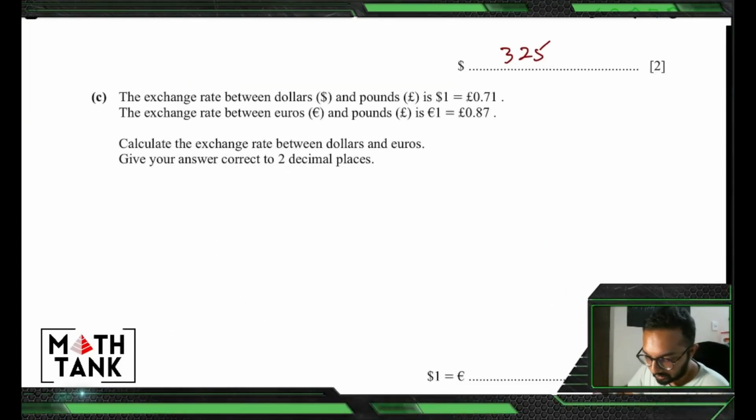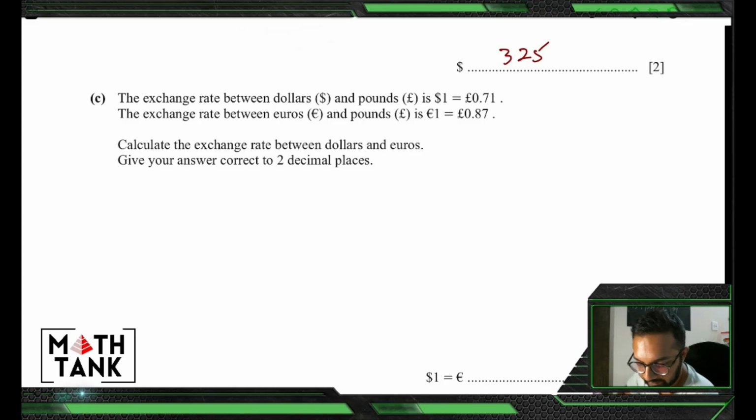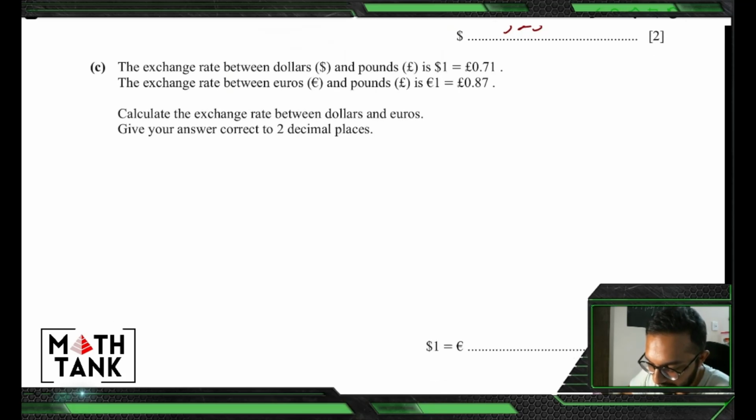Okay, the exchange rate between dollars and pounds and the exchange rate between euros and pounds are given. Okay, so that is an interesting question. A lot of people find this difficult to do, but I'm going to construct a ratio. So I'm going to say that 1 dollar is 0.71 pounds, and then 1 euro is basically 0.87 pounds.